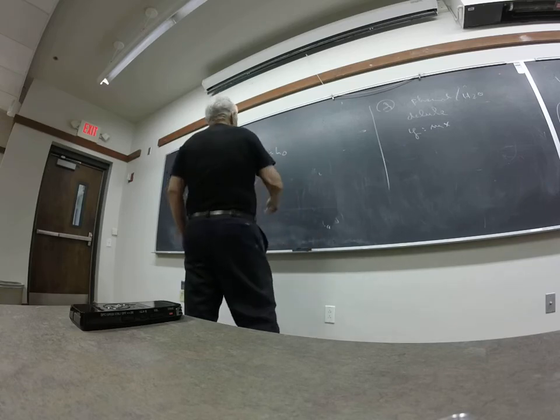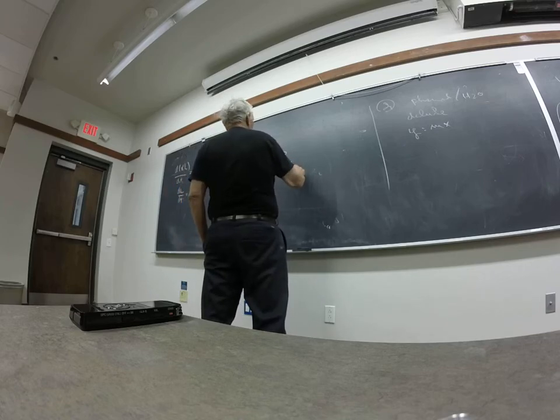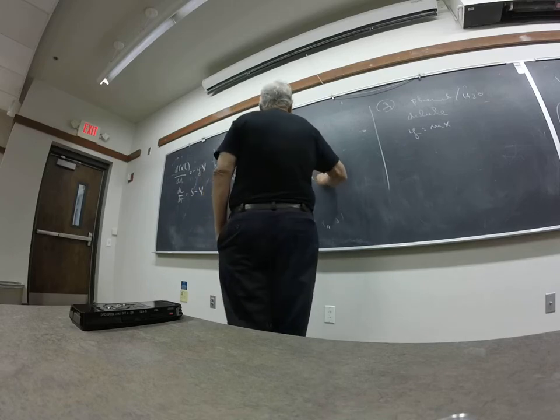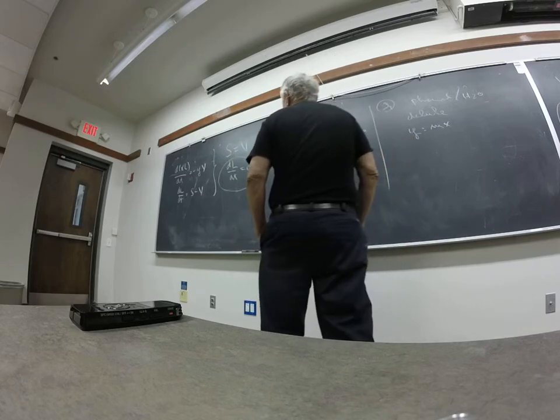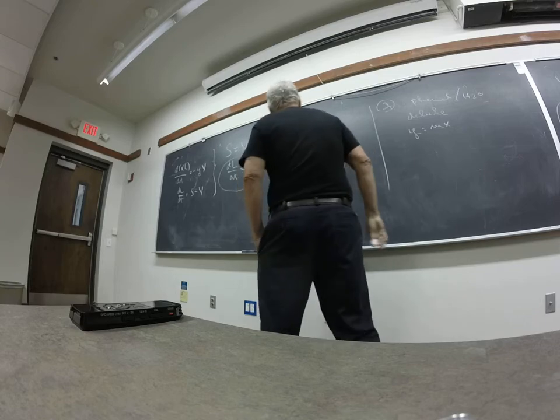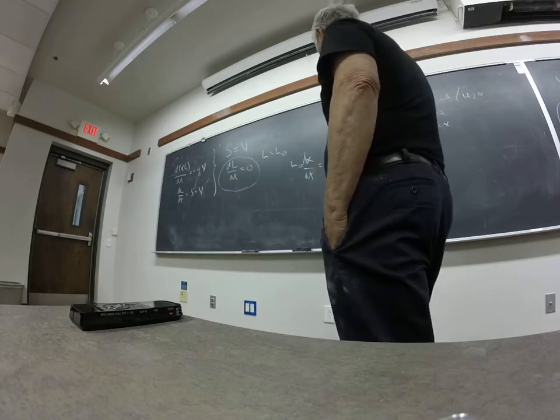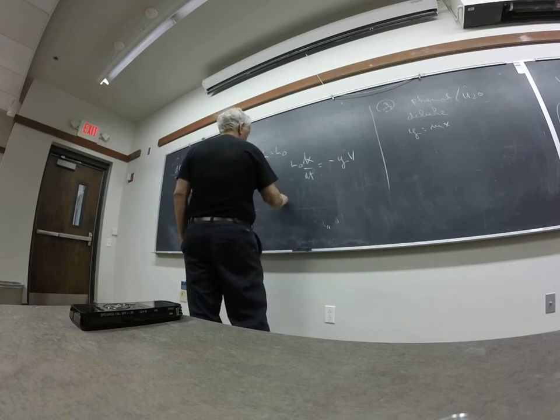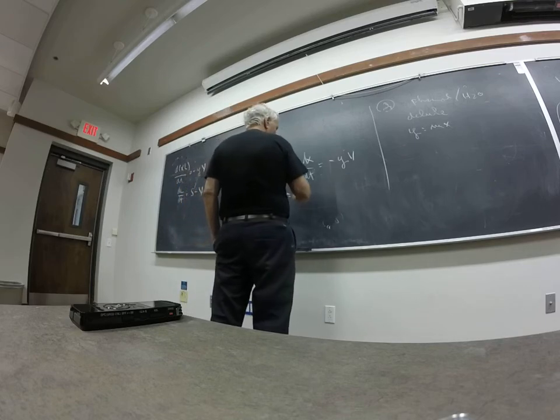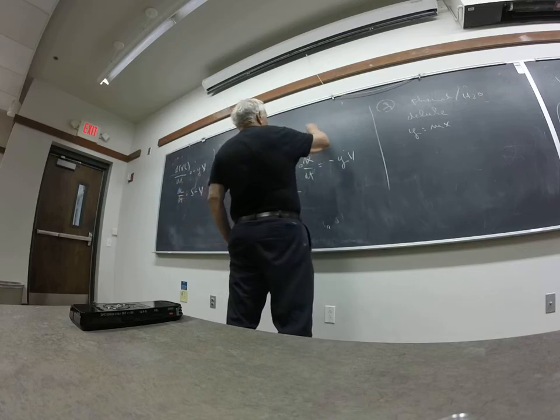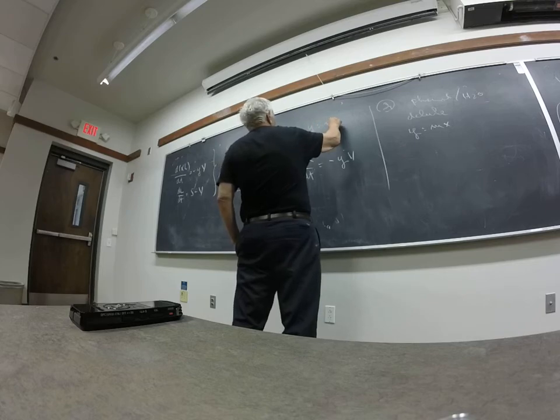So I go to this equation up here and I say this is L0 dx/dt equals minus y V. So I will take the dt over to this side and write dx equals minus, and I'm doing dilute, so I can make this assumption without any trouble: y equals mx.